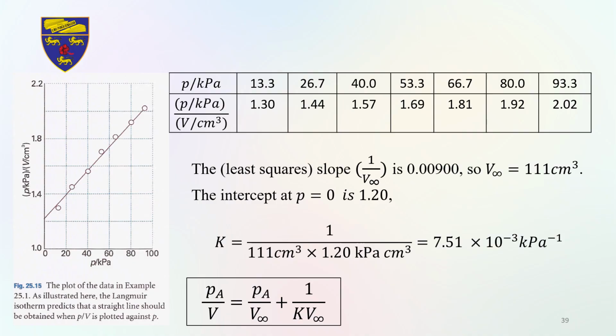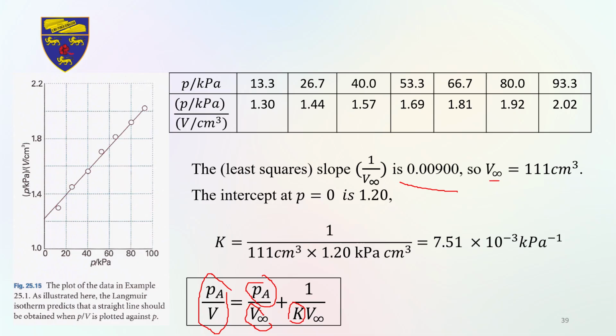With the data given, we have to divide the pressure by the volume to give us the value for the y-axis. And then we also have the value for the pressure. Therefore, we can plot P over V versus P as a linear line in order to get the value for V infinity and also the equilibrium constant K. The least squares slope is about 0.009.